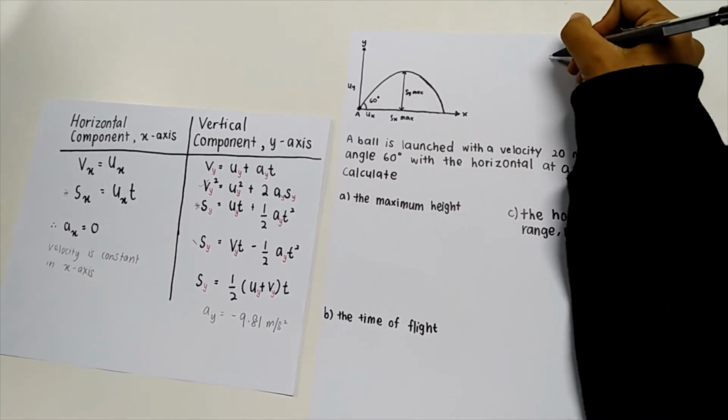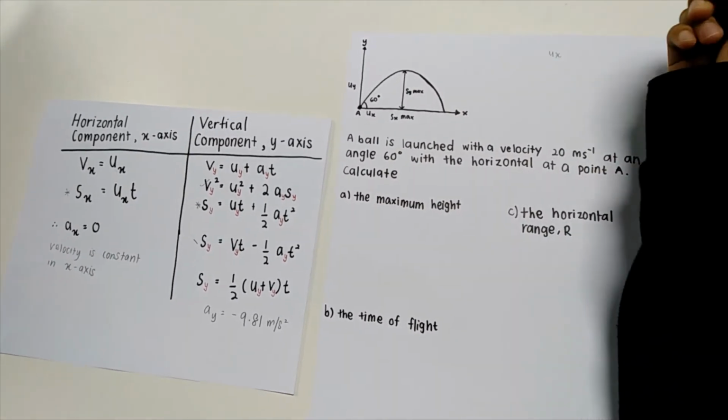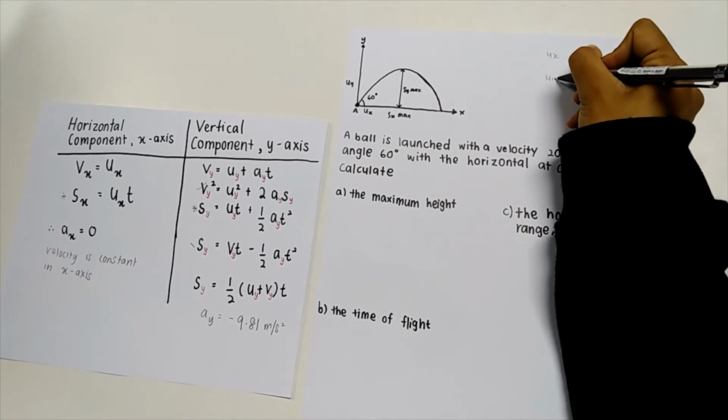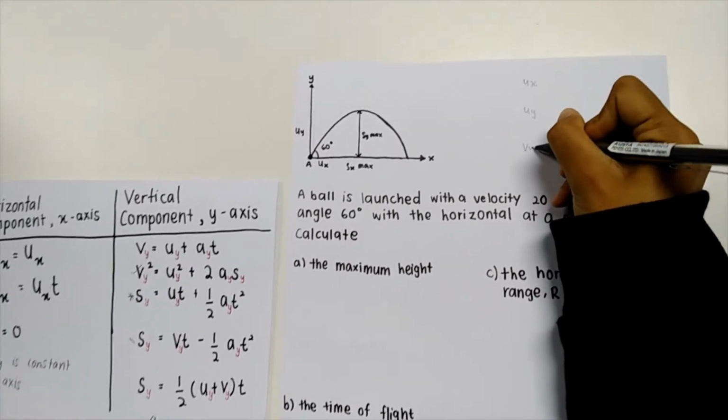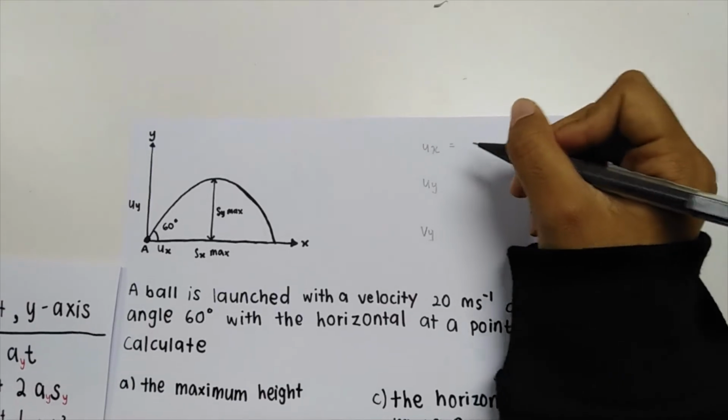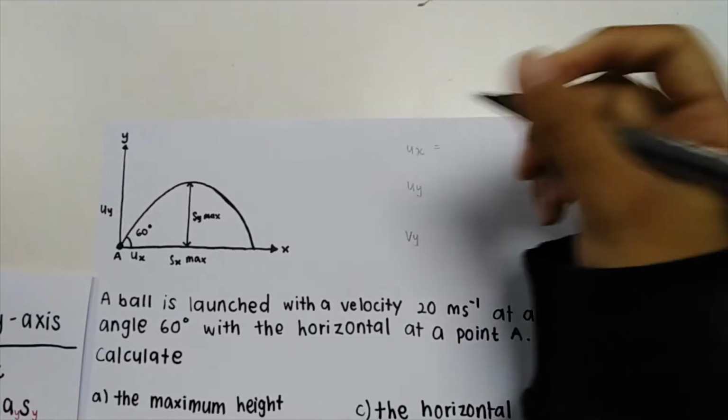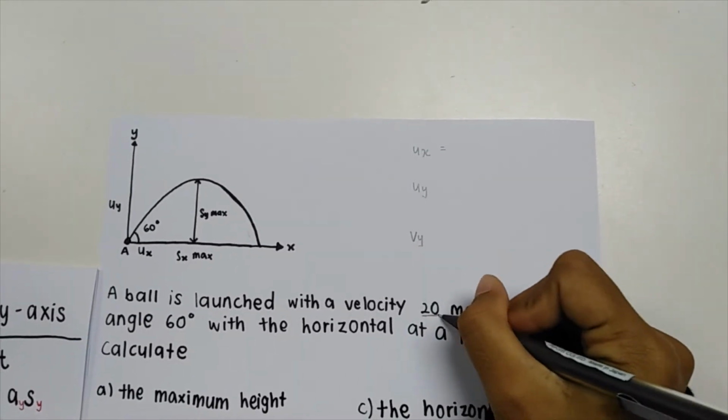We can identify Ux, Uy, and also Vy. We already know the formula for Ux is u cos theta, where u is 20.